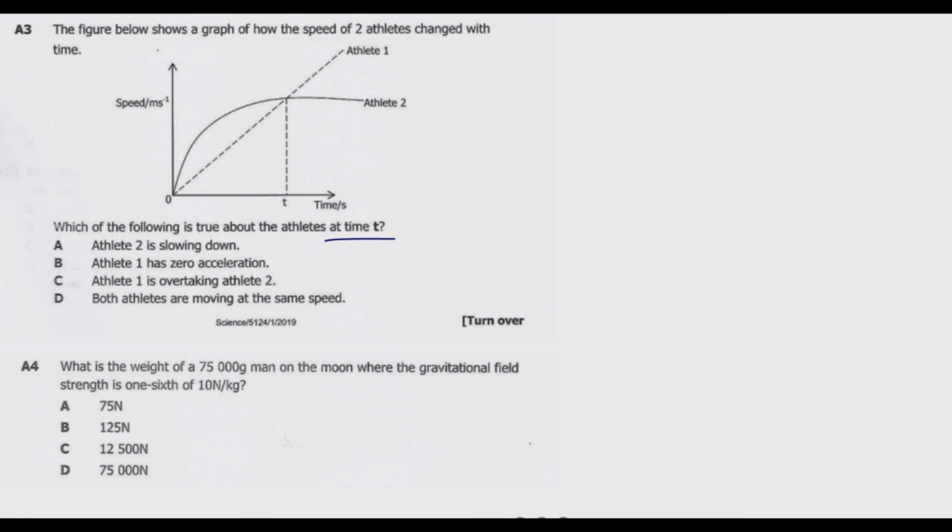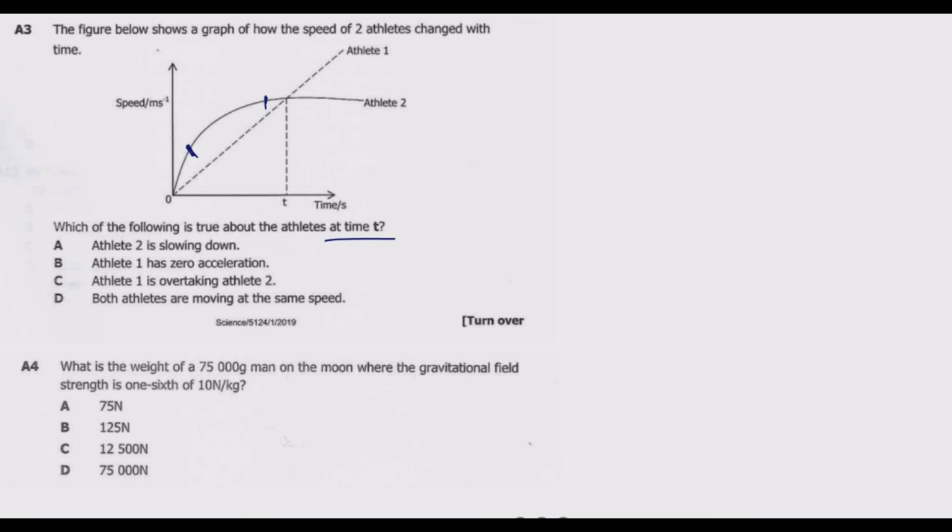Athlete 2 is slowing down, started slowing down here, then by that time athlete 2 is almost having constant speed. So A is incorrect. Athlete 1 has 0 acceleration.